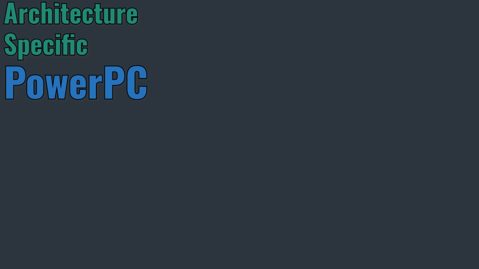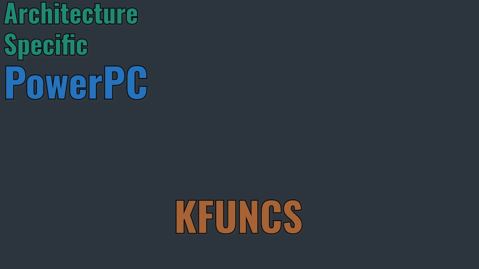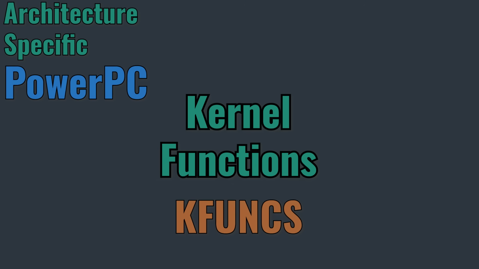We have PowerPC that now has an extension of BPF added. We're talking about kfuncs. Now, kfuncs is short for kernel function. What those kernel functions do is pretty much extend BPF. Normally BPF can do simple things with your packet. It can throw it somewhere. It can modify the data a little bit and do something else with it.